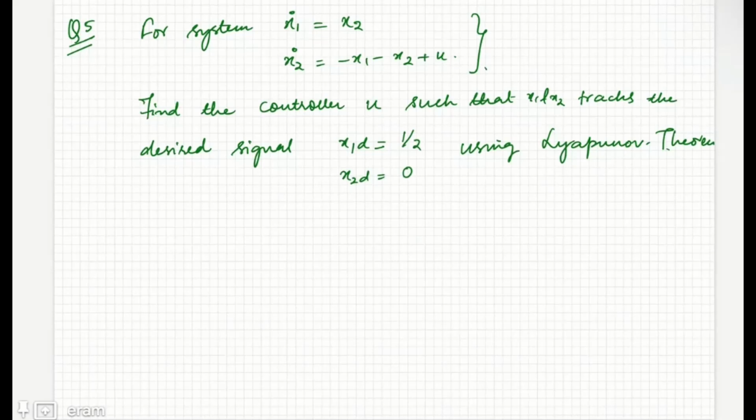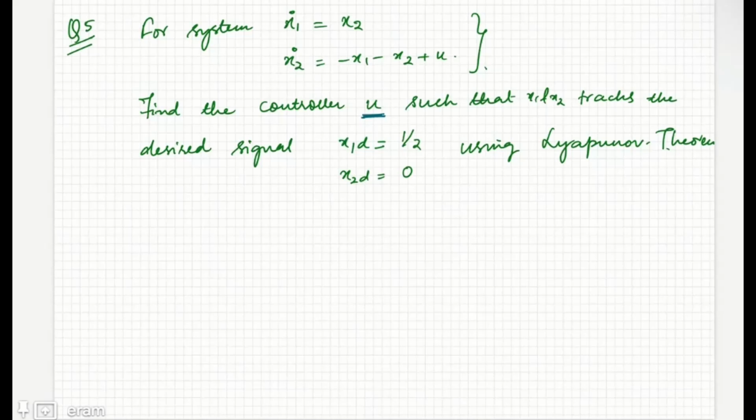So x1 should settle to the value 0.5 and x2 should converge to 0 asymptotically. And we have to do this using the Lyapunov theorem. Now let's see how we can design such a controller u.